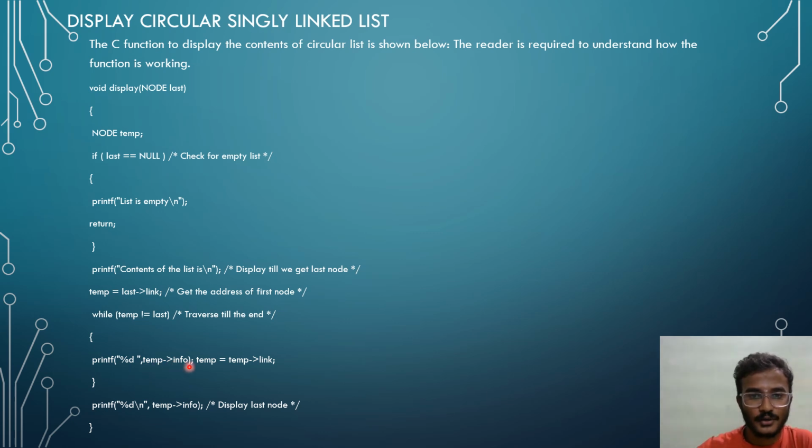Temp is then updated to point to the next node in the list. After exiting the loop, temp points to the last node. Then the info field of the last node is printed, followed by a new line. By this, we can understand the function to display the contents of a circular list.